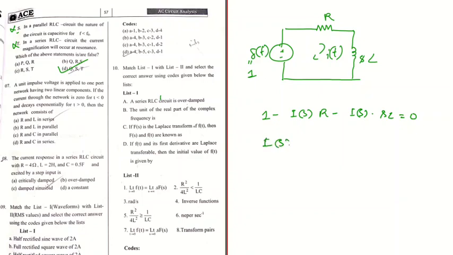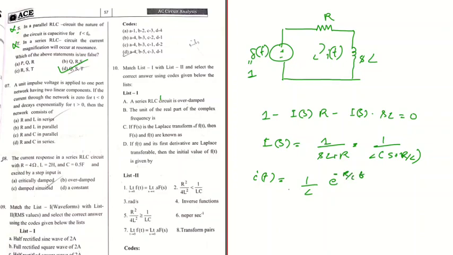From here, I(s) equals 1 divided by sL plus R. Taking out L, it will be 1 by L into 1 by s plus R by L. Taking the inverse Laplace transform, I will get 1 by L into e raised to minus R by L into t.